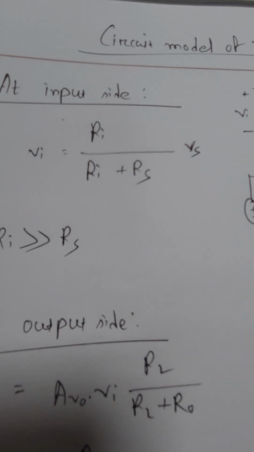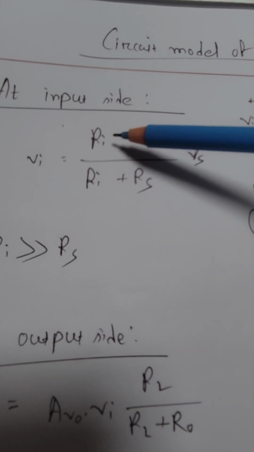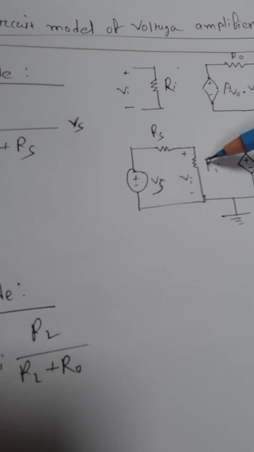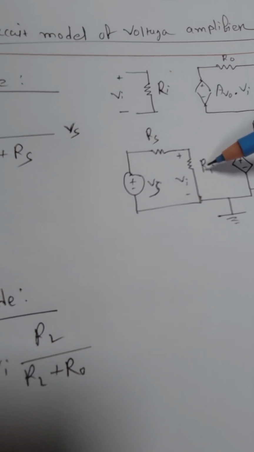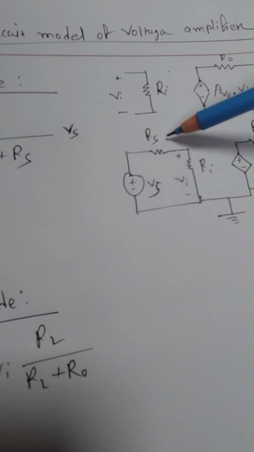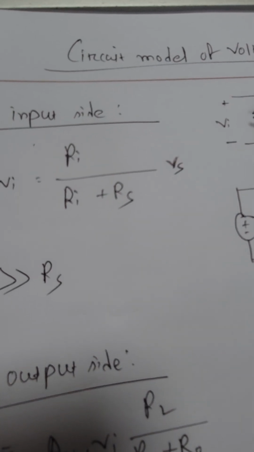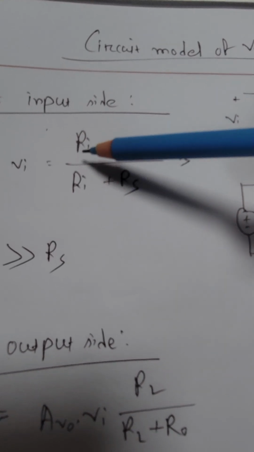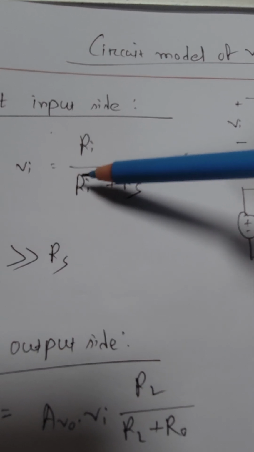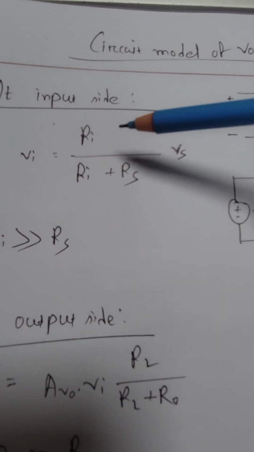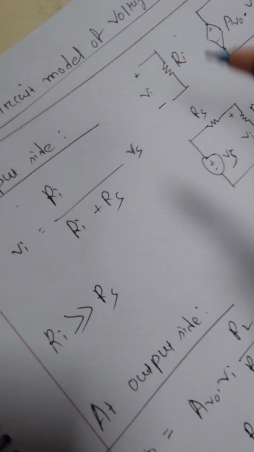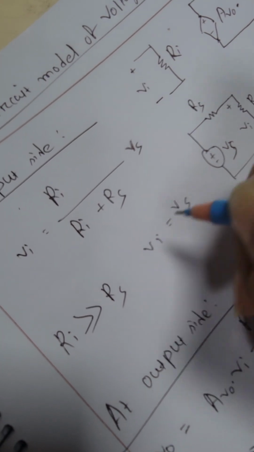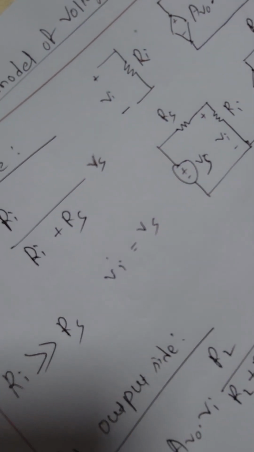One thing to keep in mind is that Ri, the amplifier input resistance, has to be much greater than the source resistance. Why is that? Suppose Ri is infinite, so we get Vi close to Vs. Sorry, let me zoom in there for a focus.